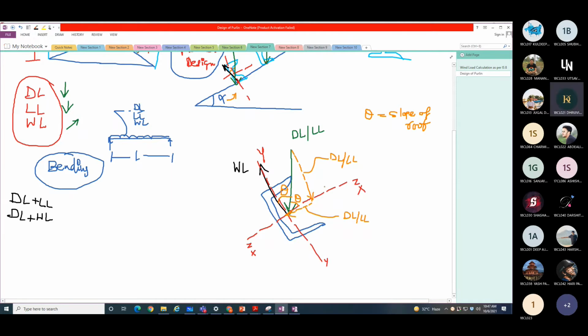Ma'am, how does the second one become theta? You draw it this way, like this or this. Is it clear? See this. If I want to know, then I can do this.